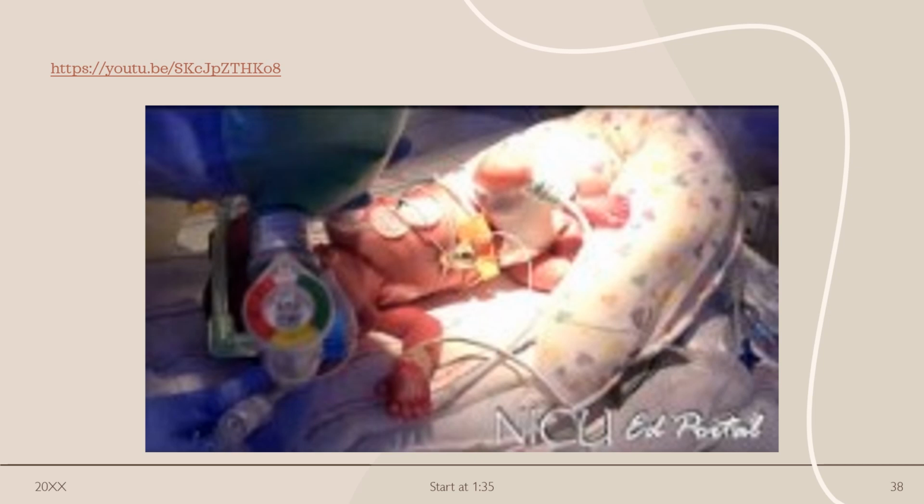Okay, they're pushing in the catheter once again, getting to the tip of the endotracheal tube.